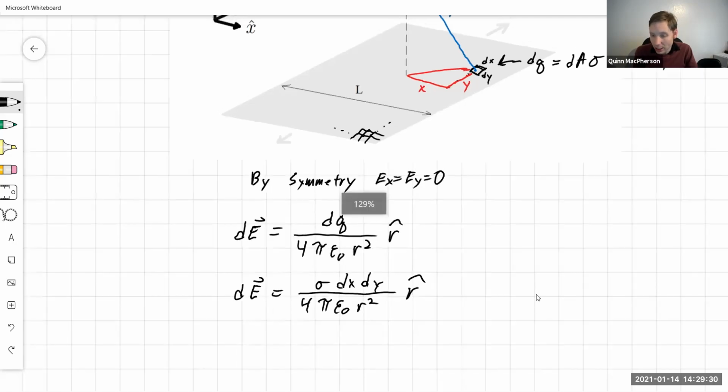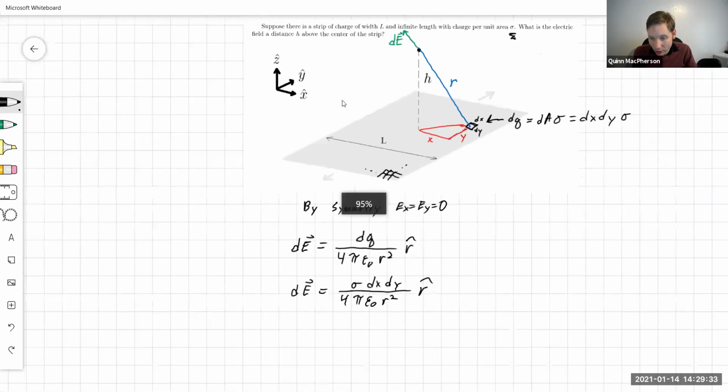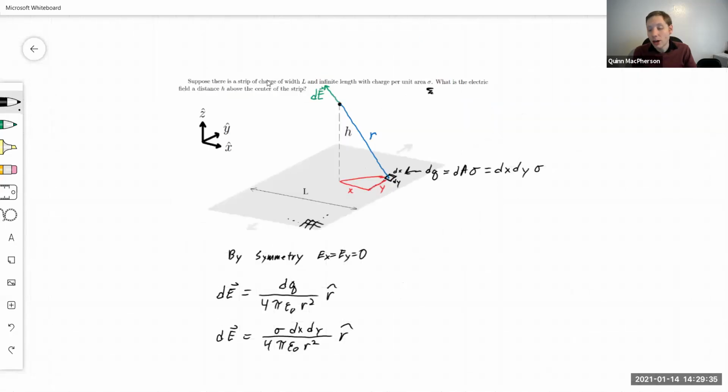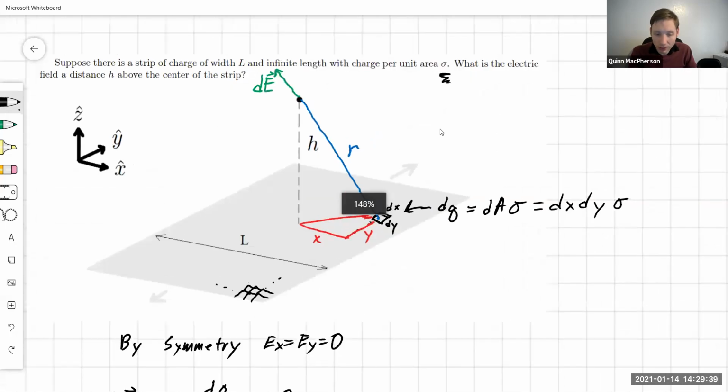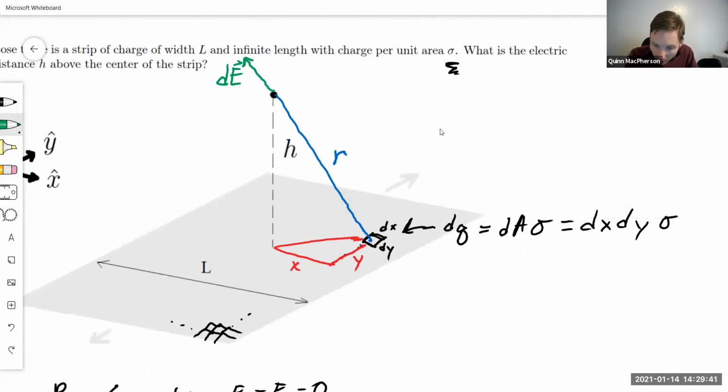This would be the whole dE, the dE that points off at an angle like that, but that's not what we want. As we discussed earlier, we only care about the z component of this. So if we draw this here, this would be dE, the z component. Think about this in 3D. There's part of it pointing up. This dE is pointing off at some strange angle, and we only want the z component of it. I'll put a little right angle there.